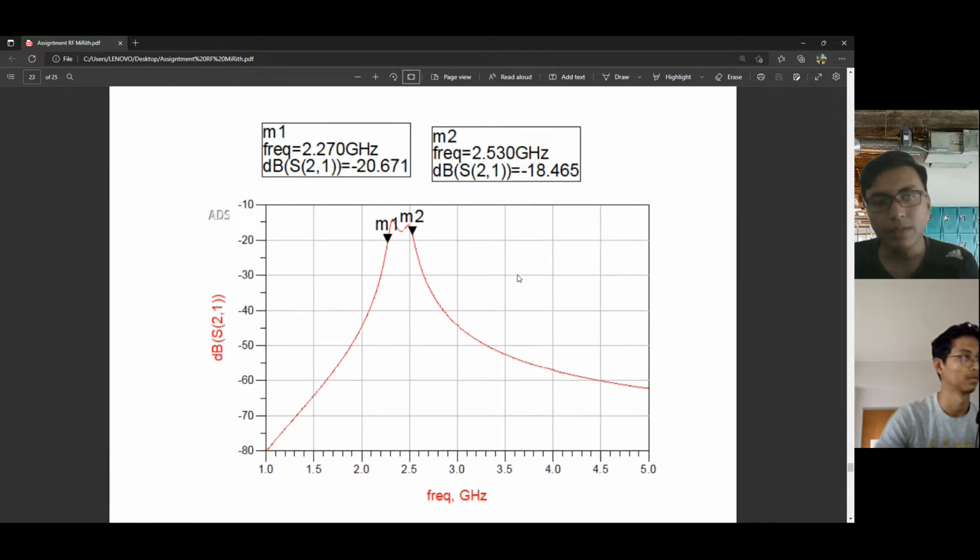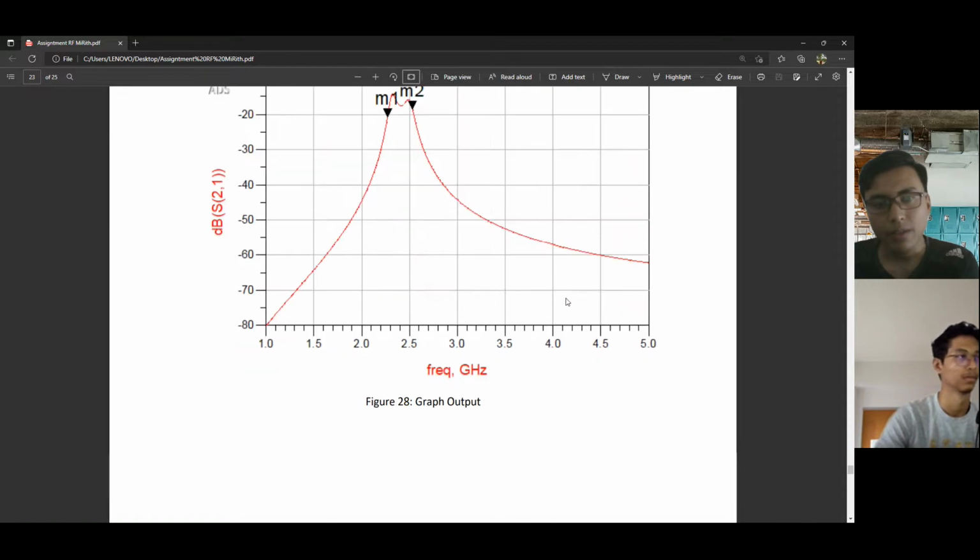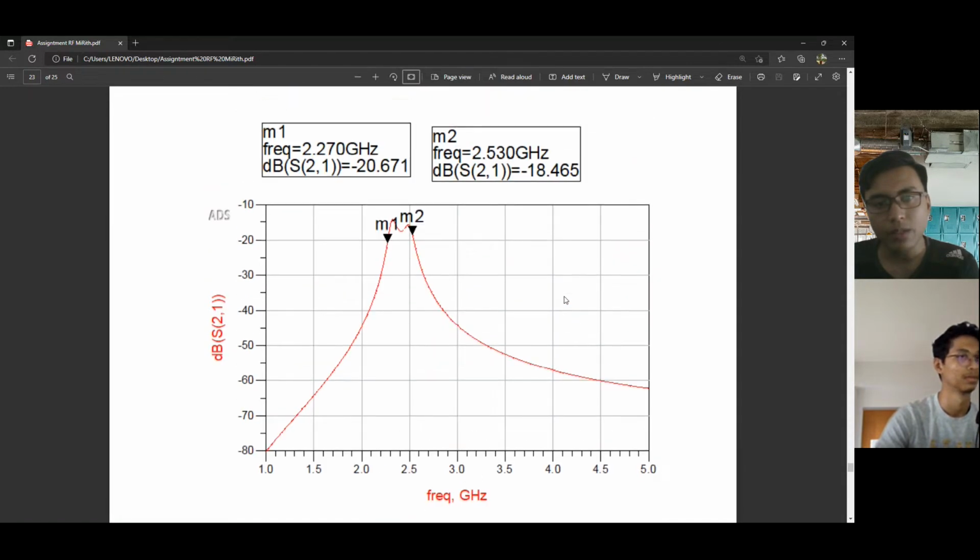So this is the graph. So first, M1 refers to 2.27 gigahertz, which is F1, and M2 equal to 2.53 gigahertz, which is F2.